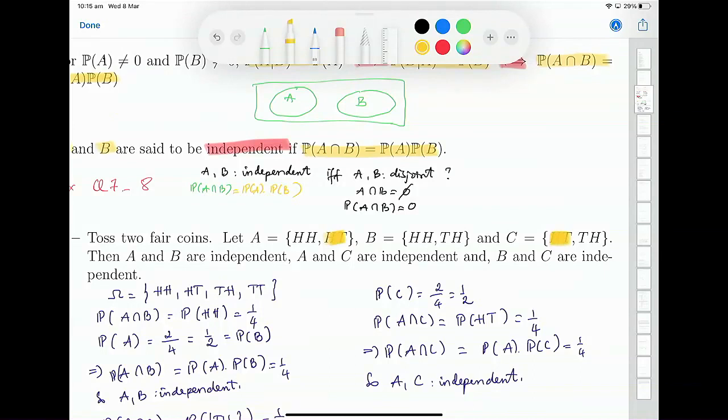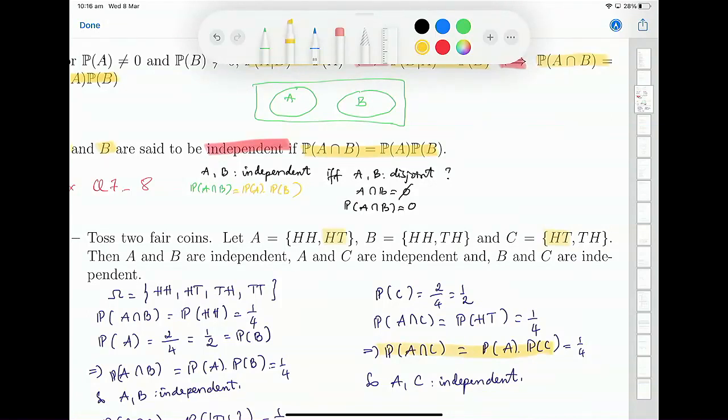So the probability of A intersect C is the probability of head-tail, which is a quarter. And the probability of C is also a half. Then the probability of A intersect C equals the probability of A times the probability of C, so A and C are independent.